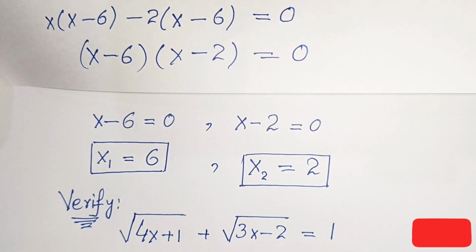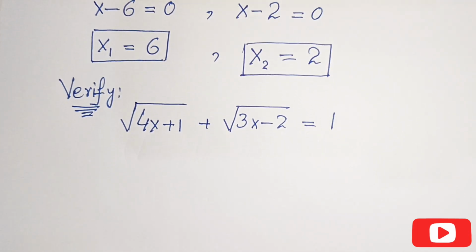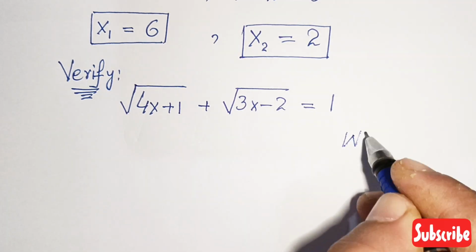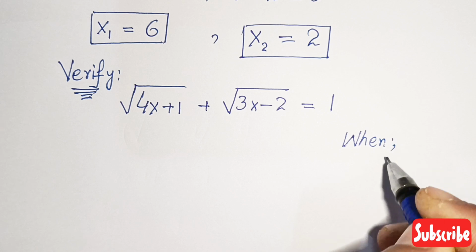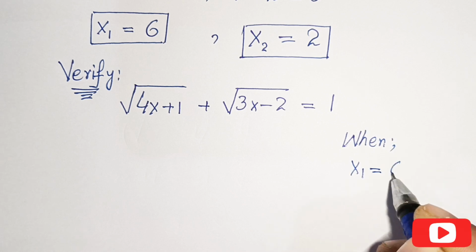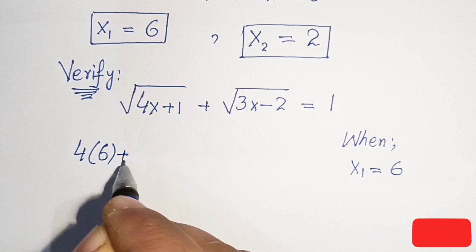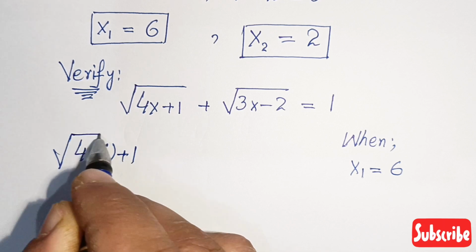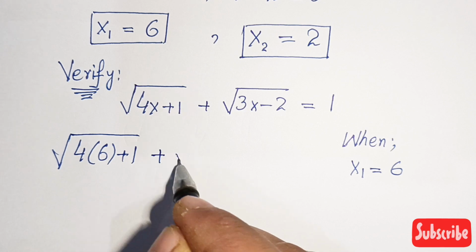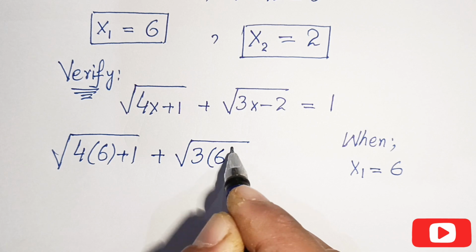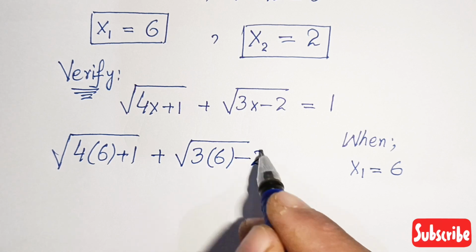Now when we put x1 is equal to 6, it will be square root of 4 times 6 plus 1 plus square root of 3 times 6 minus 2.